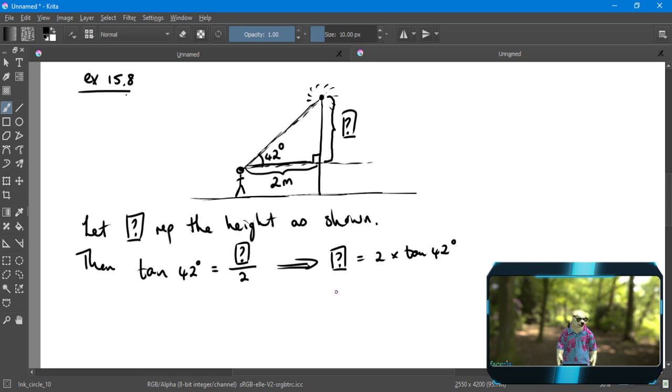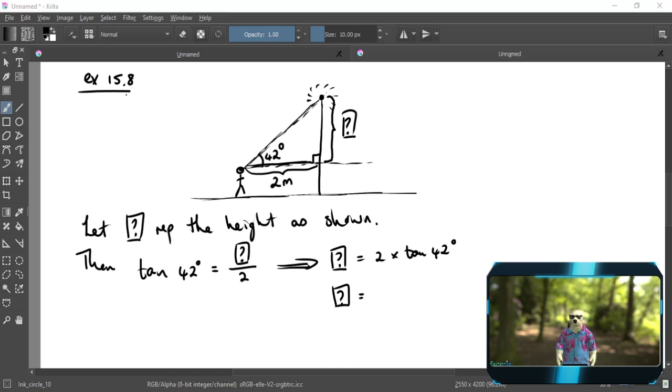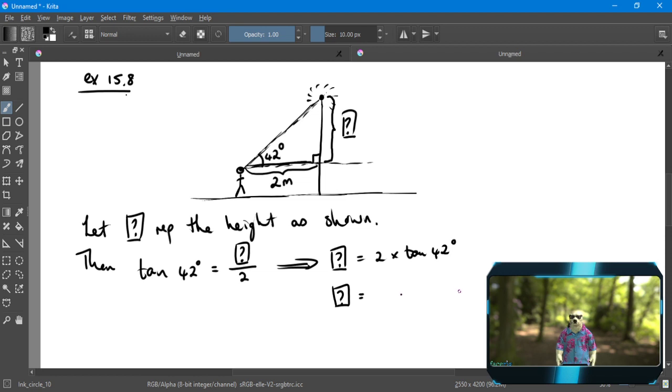We calculate that, and we get an answer. Let's see. I get, don't care about what the math bot is saying there. I'm only caring about the decimal number, 1.80 if I round it. Is that my answer?